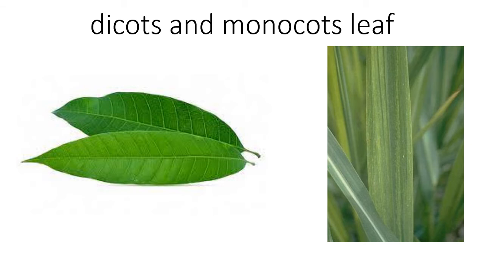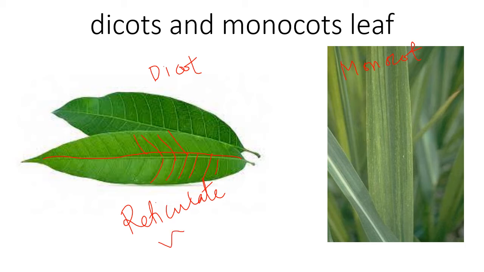Here you will see the difference between dicot and monocot leaf. So the first picture is showing dicot leaf, and this is of monocot leaf. If you see, here is the midrib and lateral veins are arising from that midrib, and this is called reticulate venation.